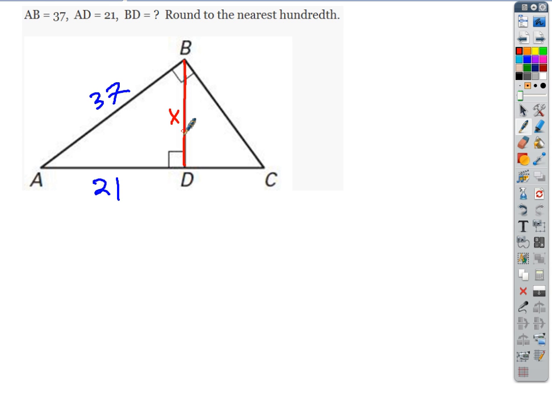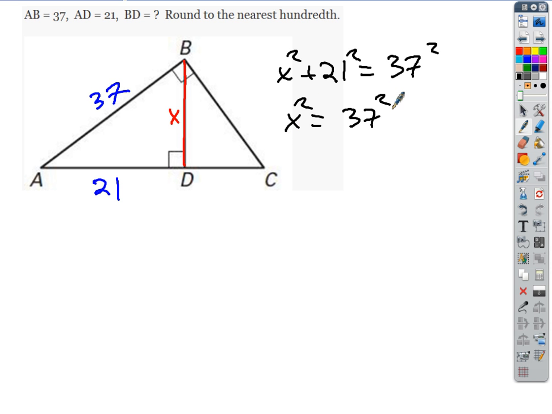Well, how does the Pythagorean theorem relate to this? What squared plus what squared? Okay, so in other words, x squared plus 21 squared equals 37 squared. Subtracting 21 squared, we get x squared equals 37 squared minus 21 squared, right? And that's just calculator work.